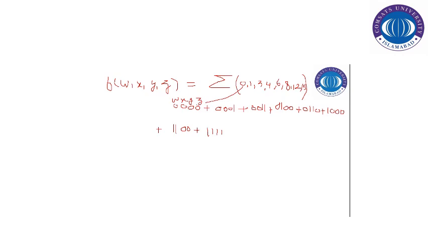Since the sum of min terms contains those min terms that are producing one at the output, we can write these in terms of literals as w prime, x prime, y prime, and z prime.